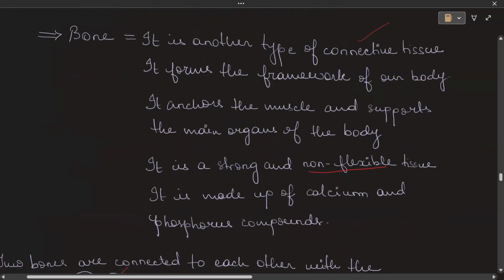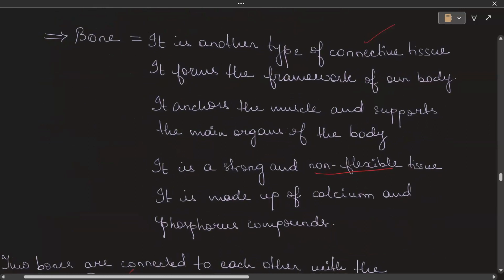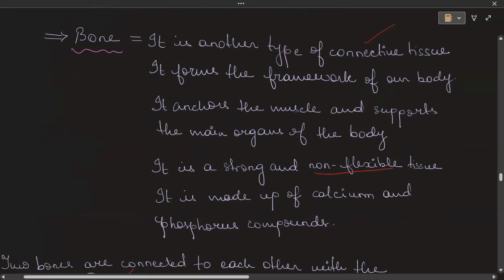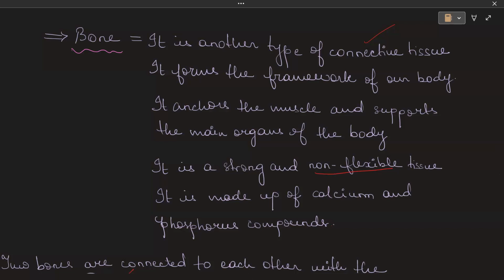Now let us move on to the next type of connective tissue, that is the bone. Bone is another type of connective tissue, and basically it forms the framework of our body, isn't it? The skeleton of the body is formed by bones only, and it is nothing but the framework of our body.